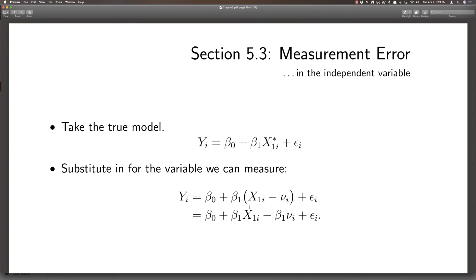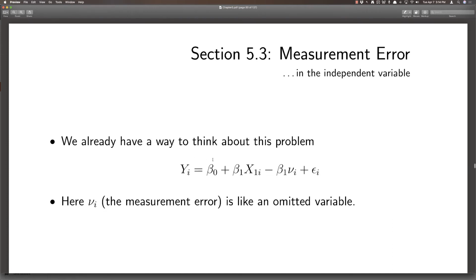I've substituted in the thing I can measure and the error term for the measurement. The error term for the measurement is nu. Then I just multiply through. So beta 1 times X1 is beta 1 X1 i, and then beta 1 times negative nu is negative beta 1 nu. Don't forget to multiply it out correctly and get the negative term there. So this is what the regression would look like that I can run.